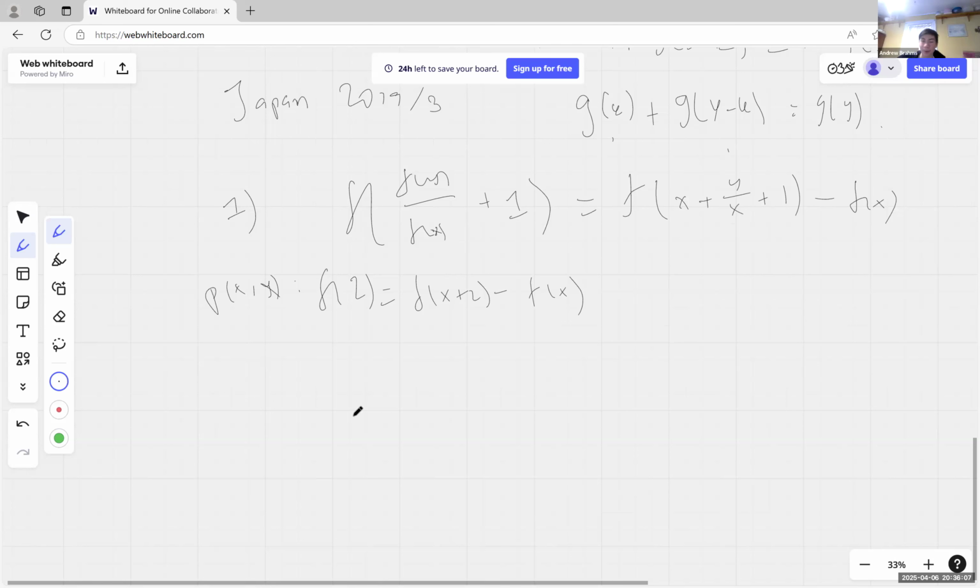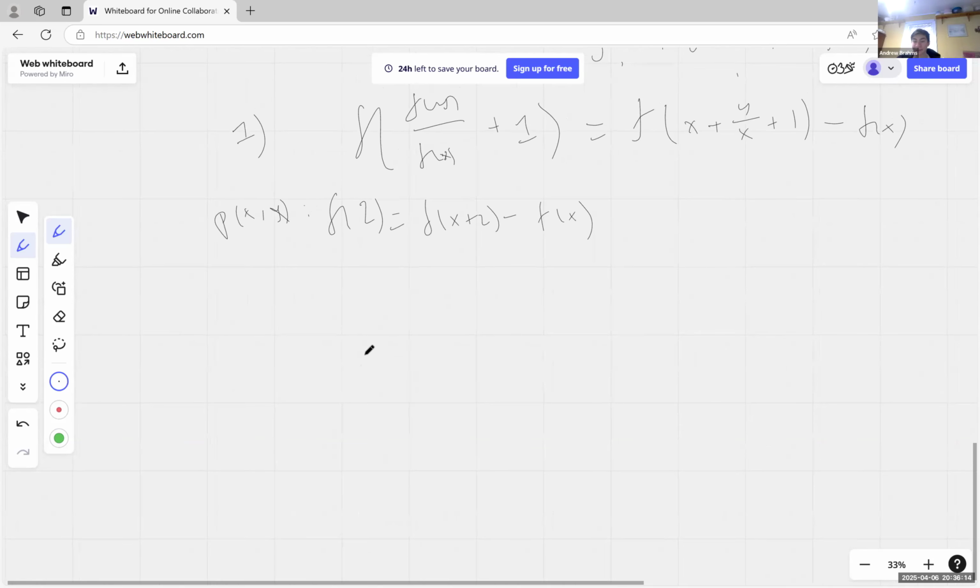So from here, what you can do is try and show injectivity. Now, to show injectivity, there are a few main ideas. Sometimes these are a little bit more involved, trying to use inequalities or things like that. But a lot of the time, showing injectivity basically just comes down to taking specific values of P, for example P of a and b for f of a equal to f of b.